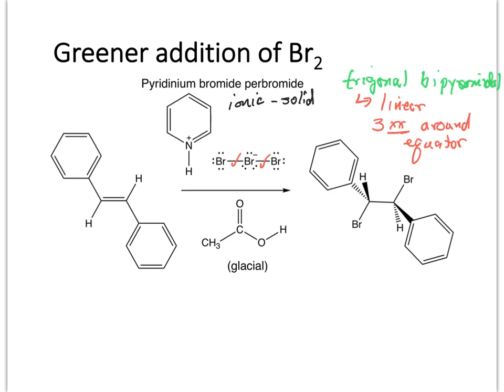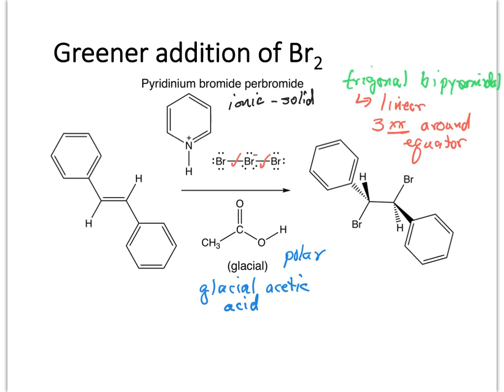And it's also soluble, right? Another advantage is it's soluble in a polar solvent like glacial acetic acid. Glacial just means almost pure acetic acid in liquid form, right? So that's the pure form of acetic acid in the bottle. So glacial acetic acid is going to be used as a solvent.